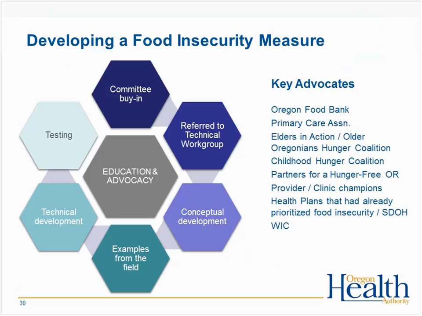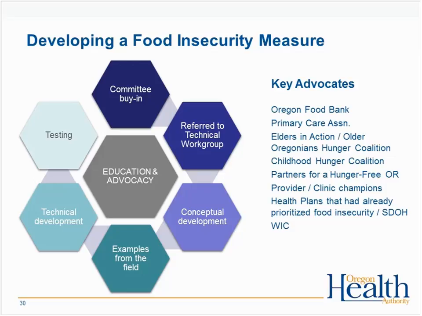Next slide. So talking a little bit about that process, we really first started with getting that committee buy-in, and some of that came from the stakeholder survey, and others came from presentations and public testimony. All of our committee meetings are public, and anyone can come and submit public testimony at any point, and so we had this come up.